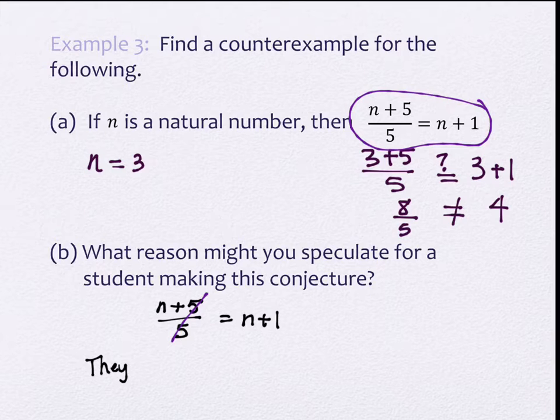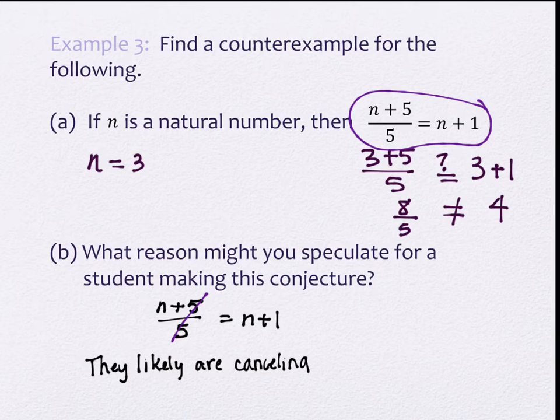I mean, it's possible, right? But they likely are canceling or reducing or something like that, canceling out the 5s. They might even cancel out the 5s and think they have just n left and not even n plus 1 as a similar misconception. So that's what it looks like they're probably doing.